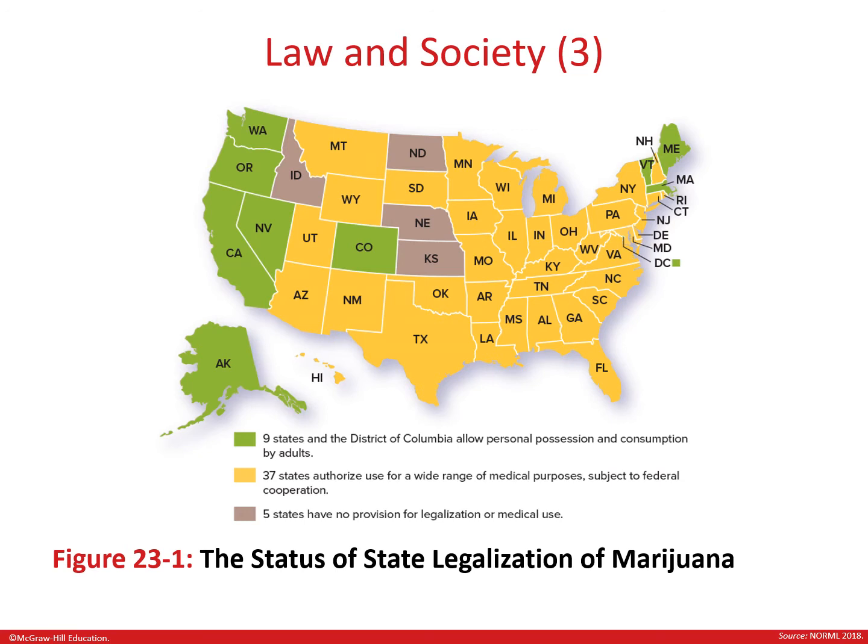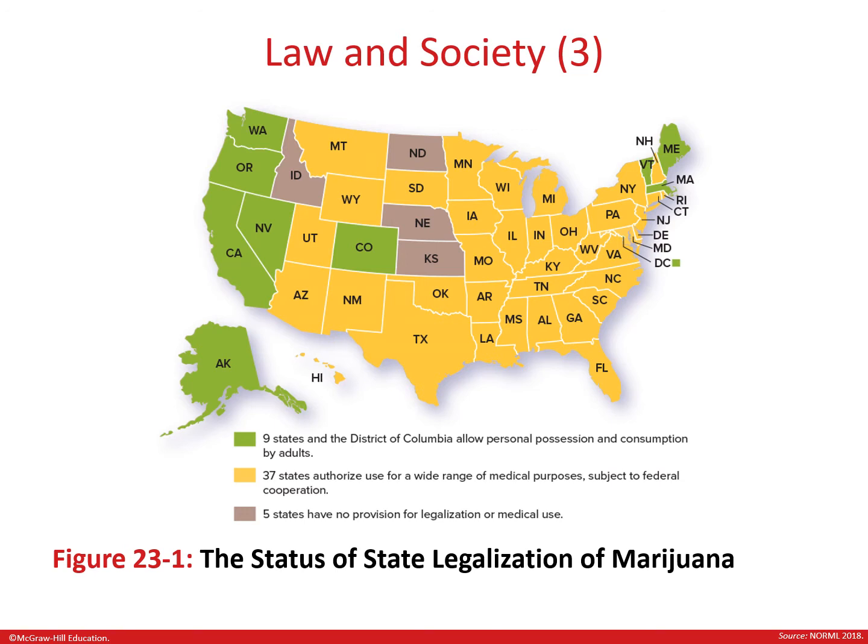This slide represents the status of state legalization of marijuana. The green states are the states that allow personal possession and consumption by adults. The yellow states, there are 37 of them, authorize the use for a wide range of medical purposes, subject to federal cooperation. And then there are 5 states that have no provision for legalization or medical use.